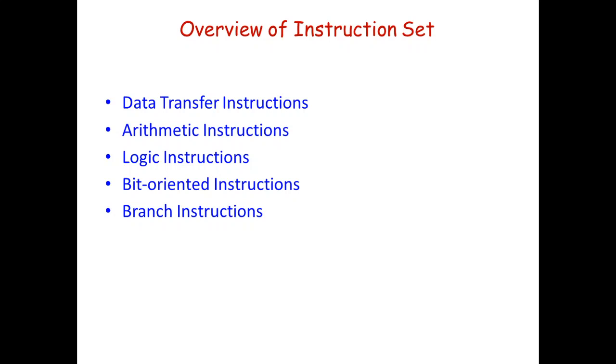Second one is register addressing mode. In register addressing mode, data is held in one of the general purpose registers. Next one is direct addressing mode. In direct addressing mode, data is in one of the memory locations and its address is directly mentioned in the instruction itself. Then the fourth one is indirect addressing mode.